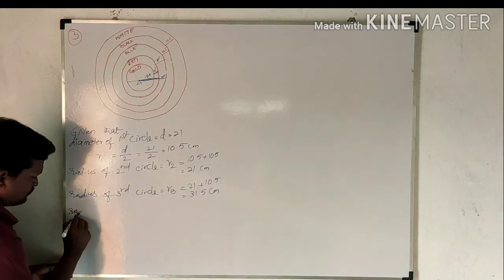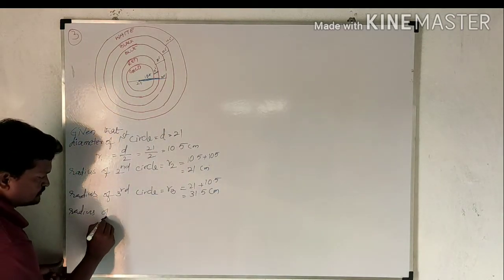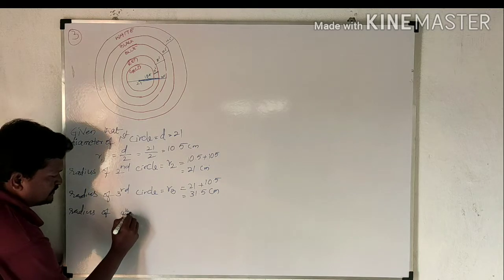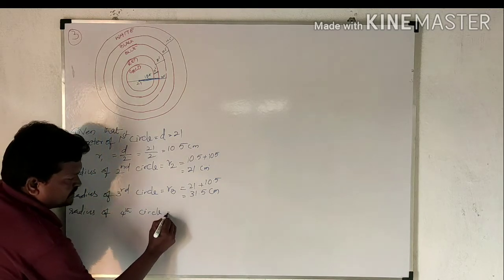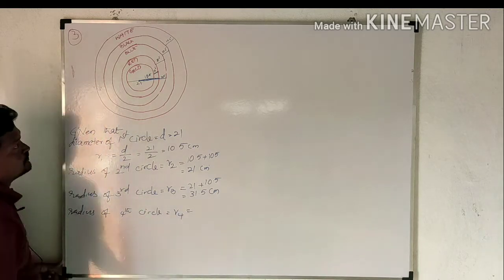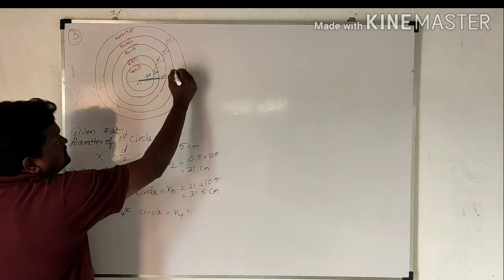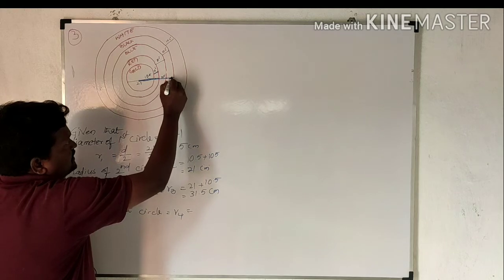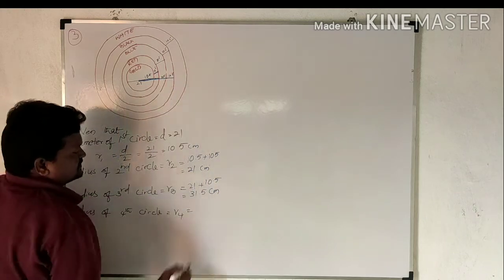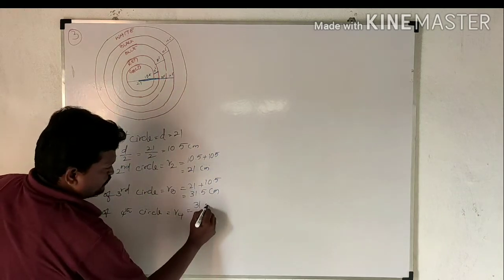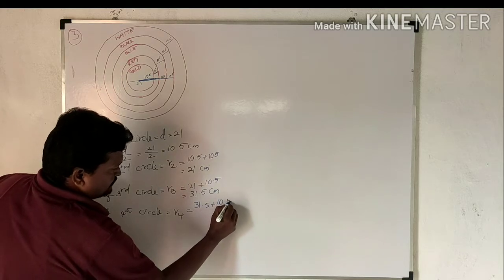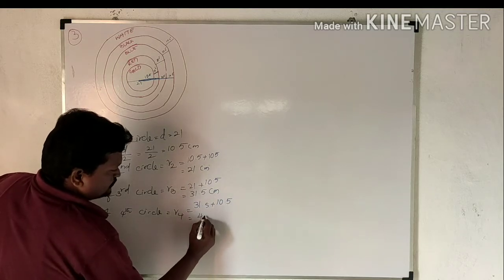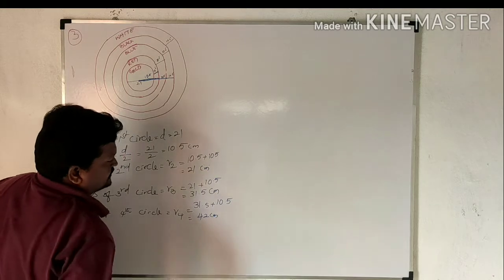Now the radius of the fourth circle, R4, is equal to, this is the fourth circle. From here to here it is 31.5. Again we add 10.5. So 31.5 plus 10.5 is equal to 42 centimeters.